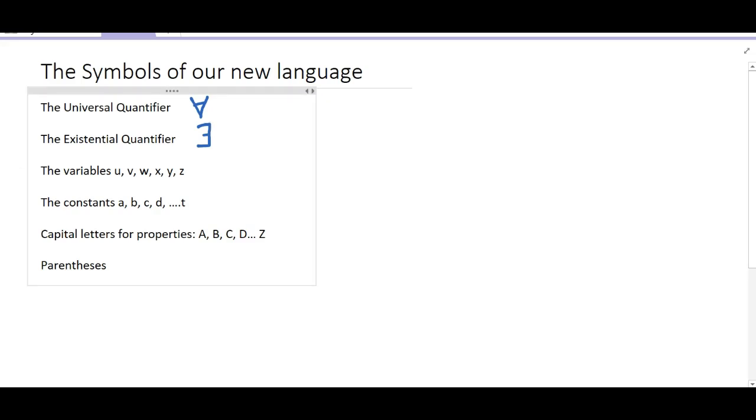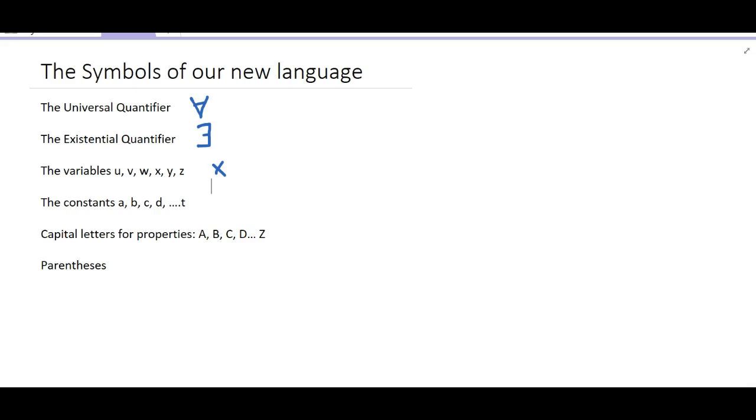The ones that we're going to use are the letters from U through Z. Variables are symbols that do not stand for any particular individual, but range over individuals in a certain class. So if you write X, basically what you mean is an unspecified individual thing.